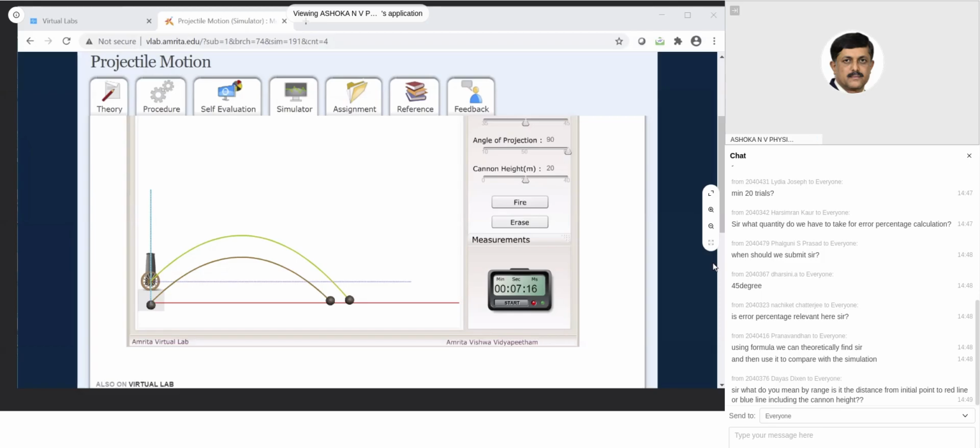One of the questions that has been asked is, what do you mean by range? Is it the distance from the initial point to the red line or blue line, including the cannon's height? No, range is the maximum distance covered by the projectile from the point of projection to where it falls on the horizontal surface.